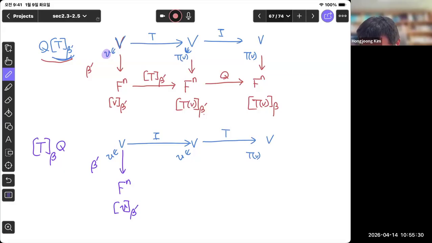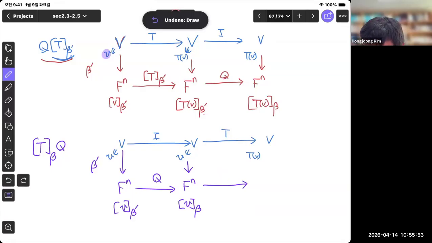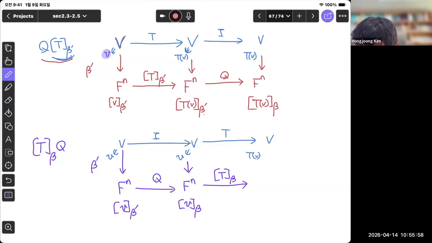And then if I change the basis to beta, then you get the coordinate of V, but now with respect to beta. That's the standard representation. And then I can consider this mapping T to get the coordinate of the image with respect to beta.